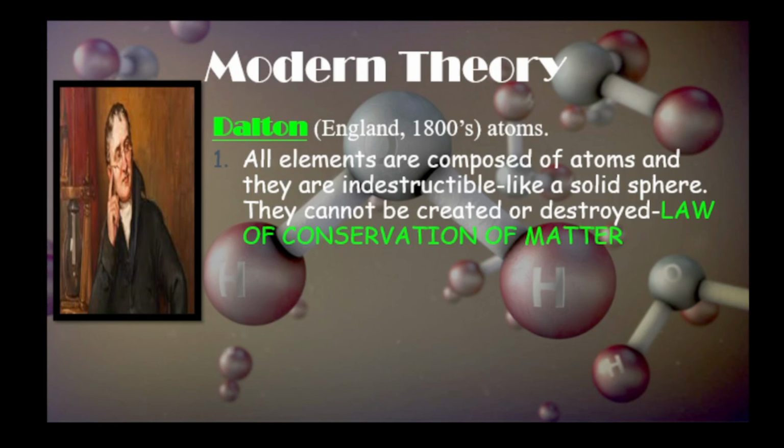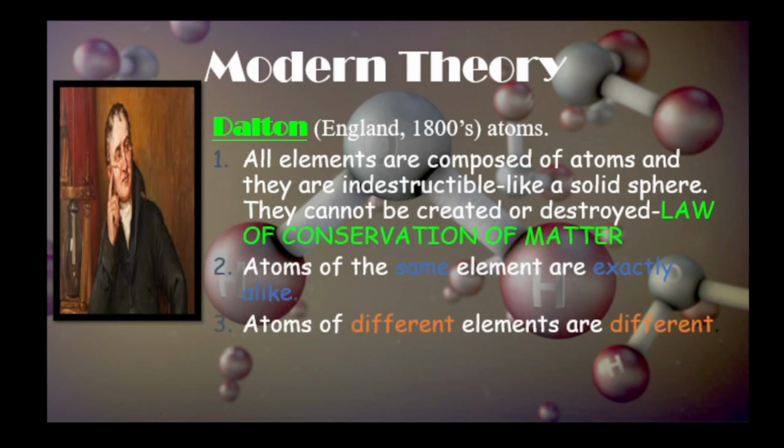Next is the atoms of the same element are exactly alike. Okay? So kanina na natin to napagdaanan na. And next is atoms of different elements are different. So they have their own characteristics. So that's why we have the periodic table of elements, to enable us to differentiate what kind of element we are dealing with.